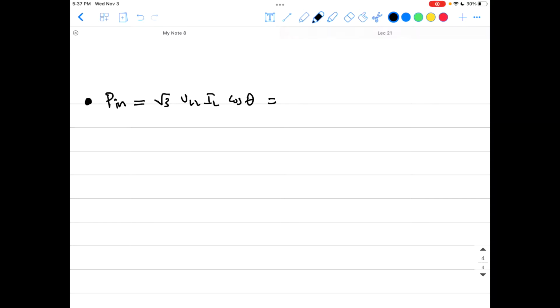Or it is 3 V phase, we call it V1, I1 cosine theta. That is the thing we use most of the time because we're using the equivalent circuit, so everything is phase values. V1 and I1 are phase quantities.